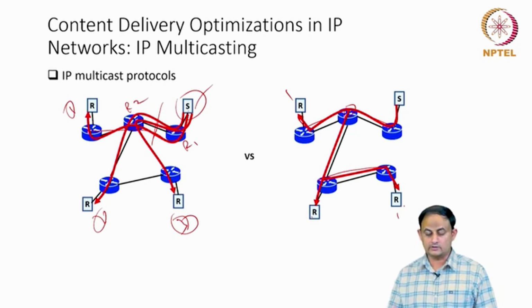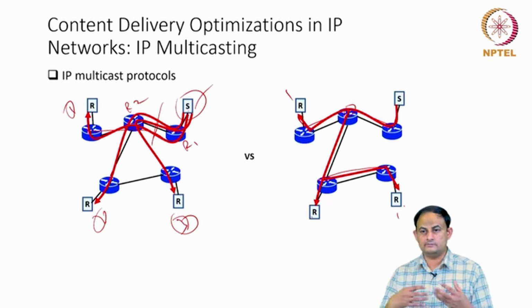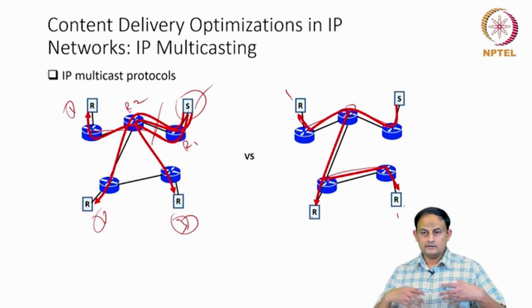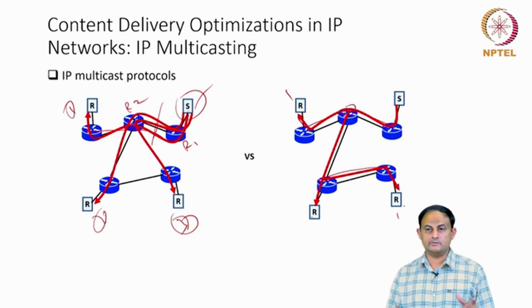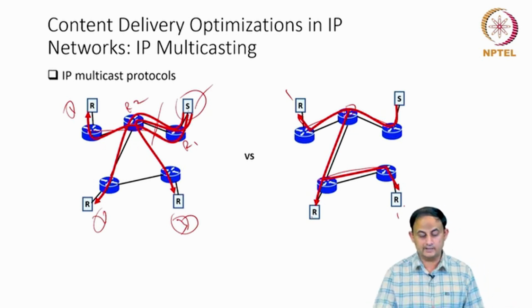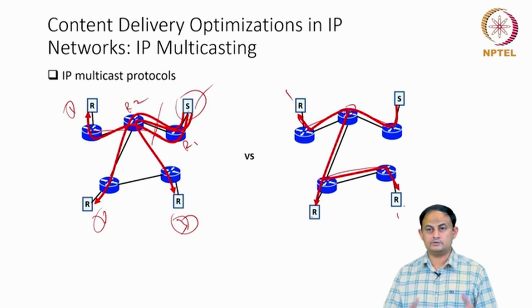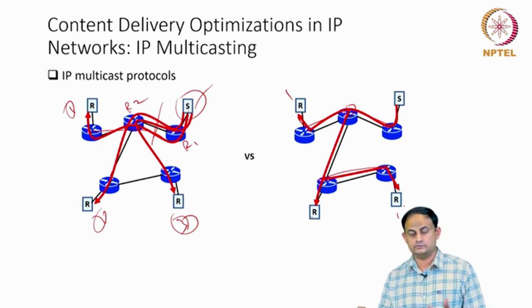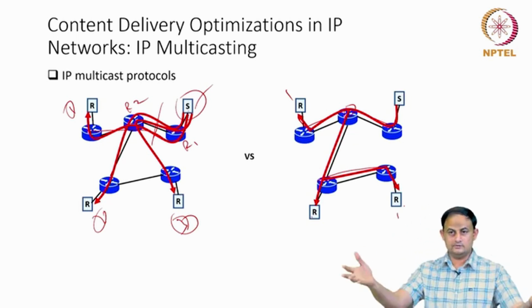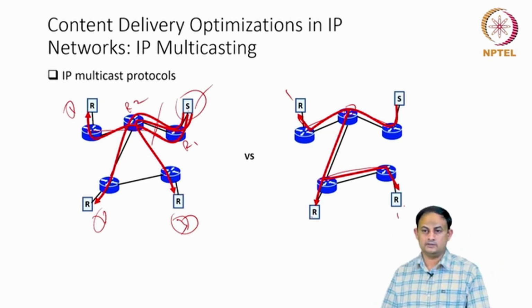The routers themselves are organized in some kind of tree architecture, where they make themselves aware that so and so content is being transmitted through them and belongs to so and so group. Whoever wants to join that group, the router is going to give that content to that particular upstream router or the end user.